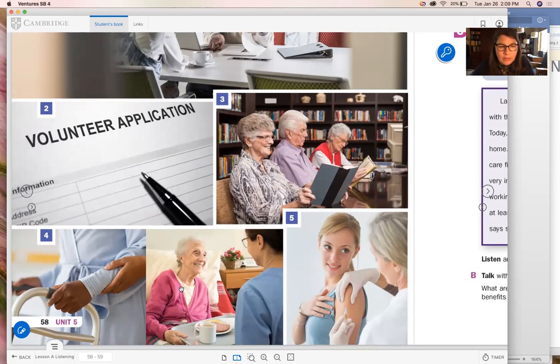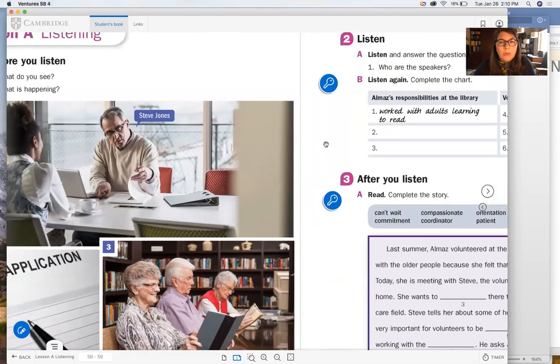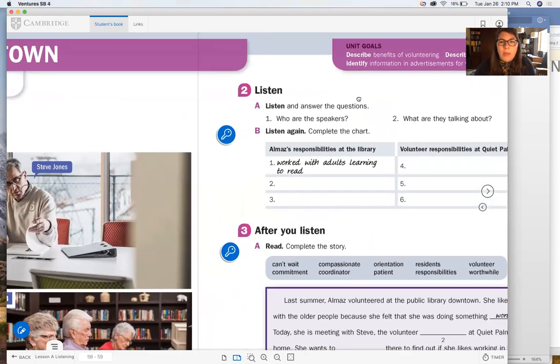Over here, this woman maybe is in the hospital, and this person is helping this person have breakfast, maybe, okay? And number 5, maybe they're getting the vaccine. And this is a nurse, right? Or a nursing assistant who is helping out. Okay, so we have an idea of some of the situations we're going to listen about.